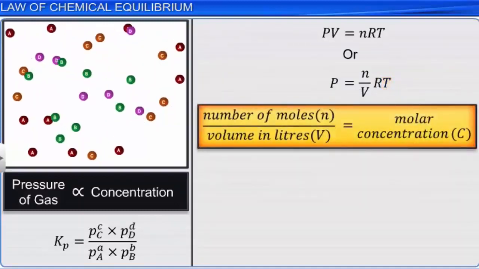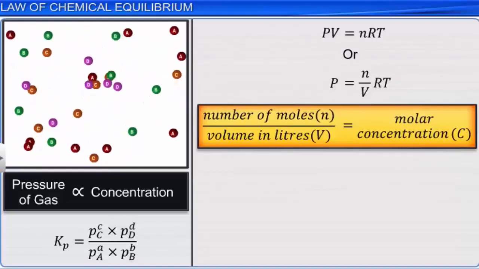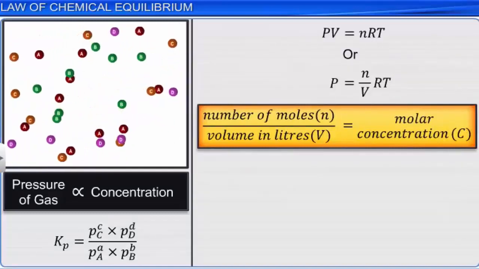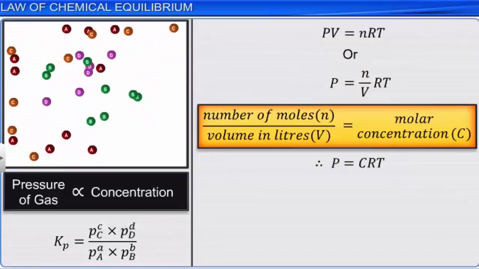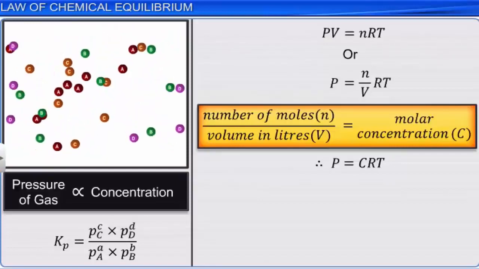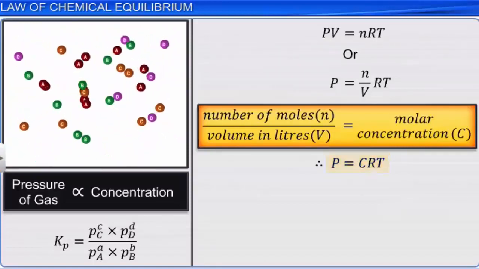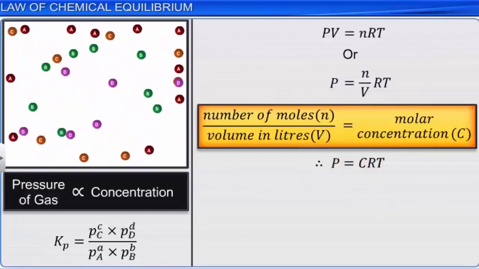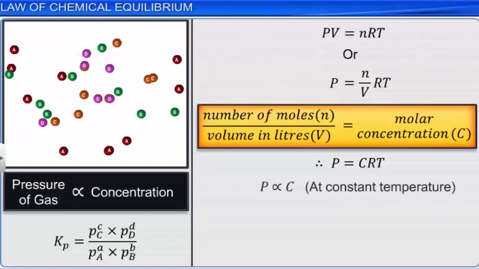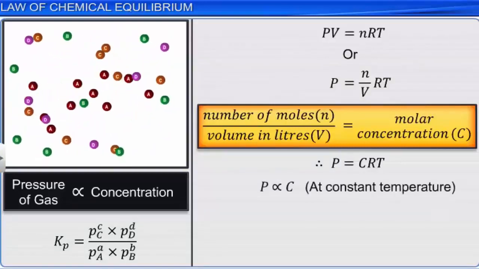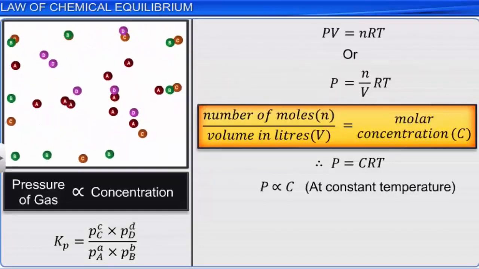However, we know that n by V corresponds to molar concentration C. Therefore, the equation can be written as P is equal to CRT. Since R is constant, it can be said that at constant temperature, the pressure of a gas is proportional to its concentration.